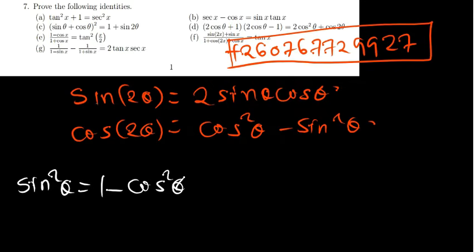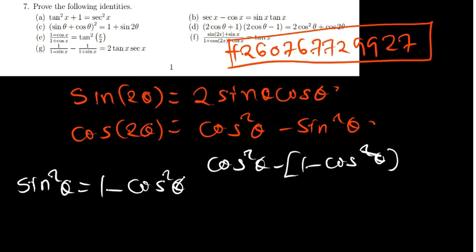So I can replace where there's sine with that other one. This is going to be cos squared theta minus, in brackets, 1 minus cos squared theta. So I can say cos squared theta minus 1 plus cos squared theta.